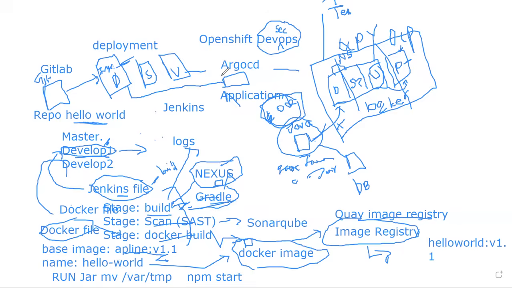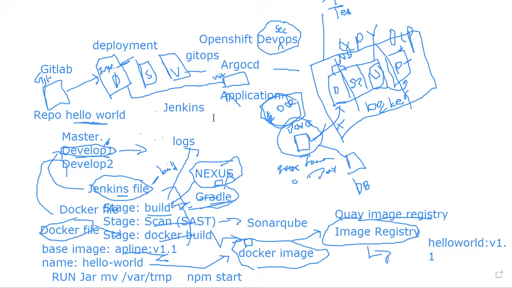In Argo CD, it will ask me to give the Git link. Okay, Argo CD talks directly with Git, not with Jenkins, because Argo CD follows something called GitOps principles. Okay, it is a GitOps principle.